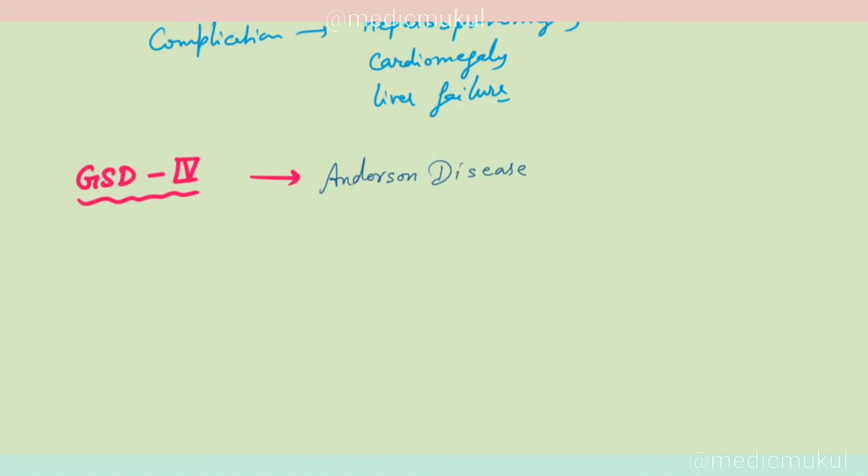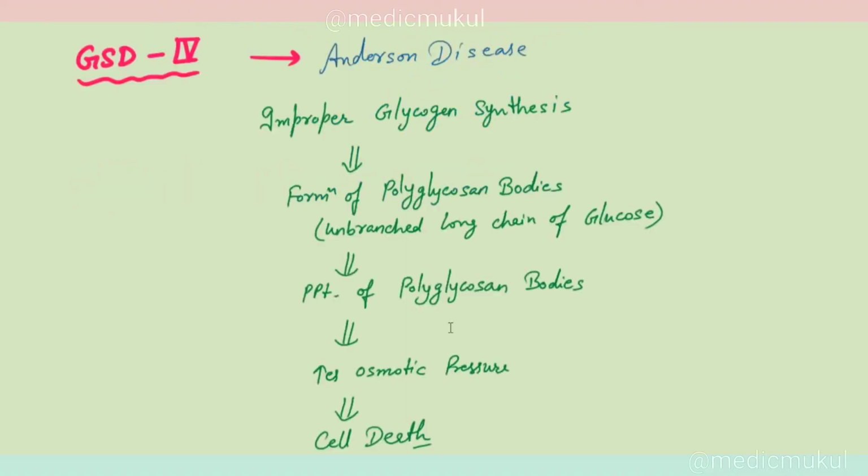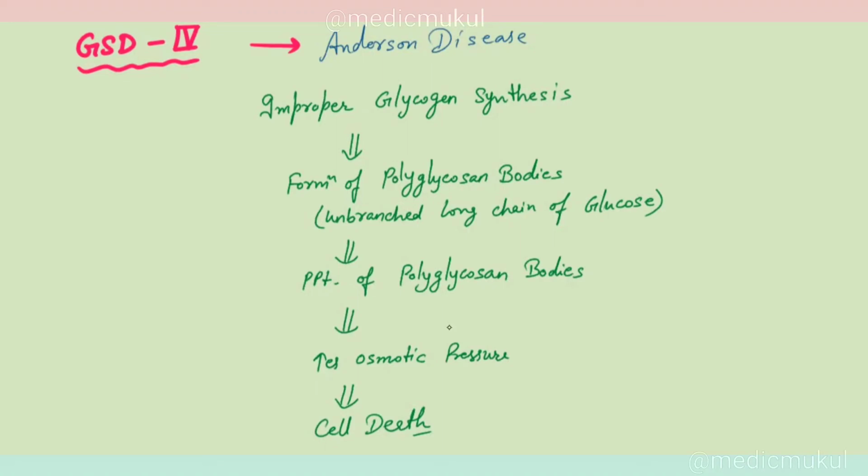When there is a branching enzyme deficiency, the unbranched long chain of glucose, we call it polyglucosan bodies. These polyglucosan bodies will accumulate, and due to their precipitation there will again be increased osmotic pressure, that finally leads to cell death.